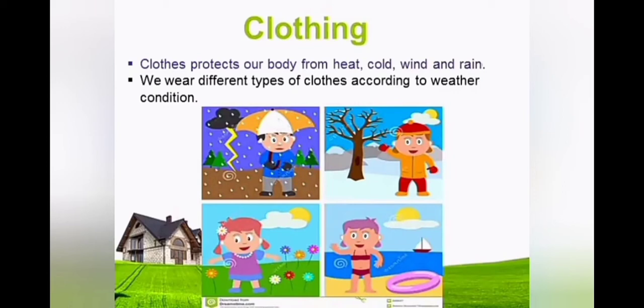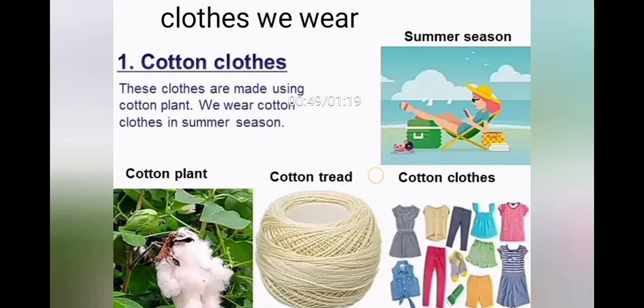So now let us move on to clothing. Clothes protect our body from heat, cold, wind and rain, right children? Even clothes protect us from all these climates as the house protects us. We wear different types of clothes according to the seasons.